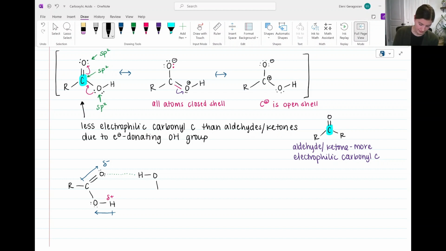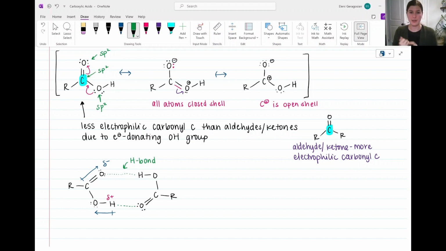And then the carbonyl oxygen of that same molecule is also hydrogen bonded to the hydrogen of that initial molecule. So these dotted lines represent a hydrogen bond, a strong intermolecular force.